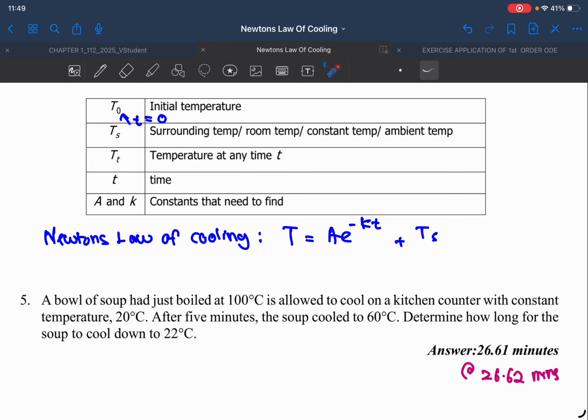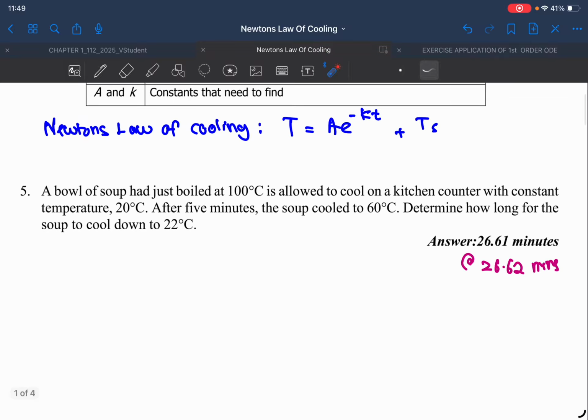By referring to this question, a bowl of soup that has just boiled at 100 Celsius is allowed to cool with a constant temperature. We have here the constant temperature is 20, so we know that our TS is equal to 20.